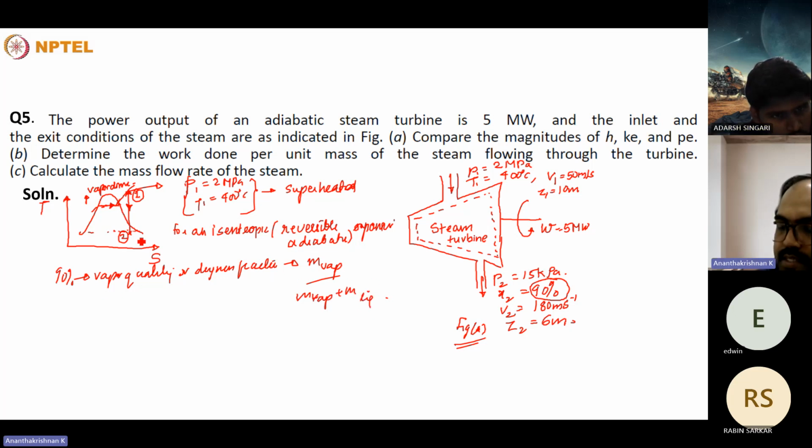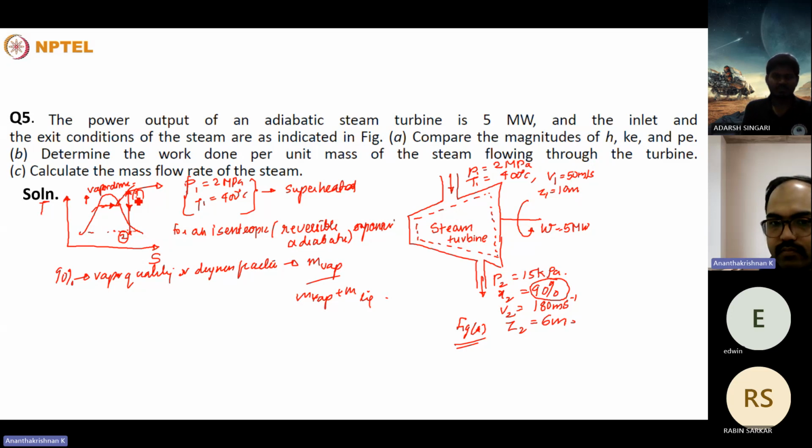So this is an additional state point that will help us to determine this particular point, and from there we can calculate the other properties like specific enthalpy, and entropy if required, and the other terms.